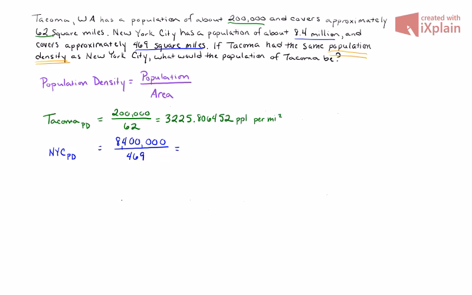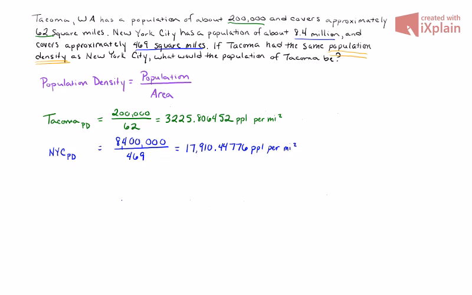I always talk about wanting you to use units, so I should practice what I preach. If we hop to our calculator and do 8.4 million divided by the land area of 469, we get 17,910.44776 people per square mile.